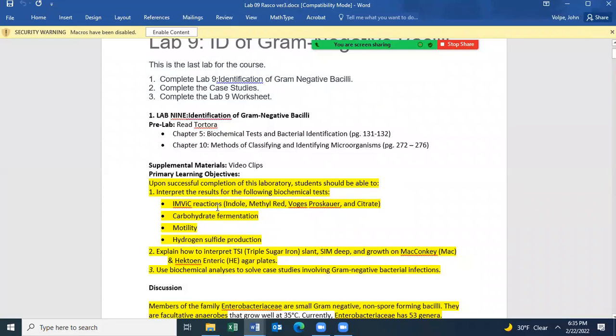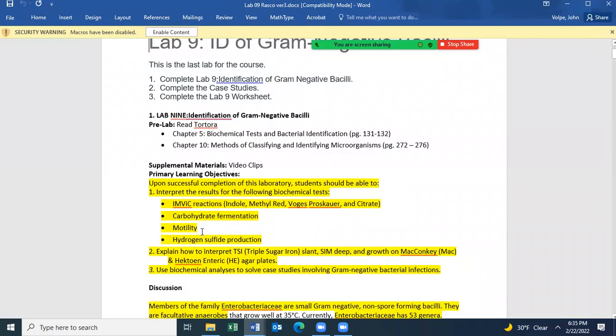So IMViC are 4 tests that are very commonly used with the Enterobacteriaceae, that family of bacteria. You should be able to understand the results for carbohydrate fermentation and the motility test.